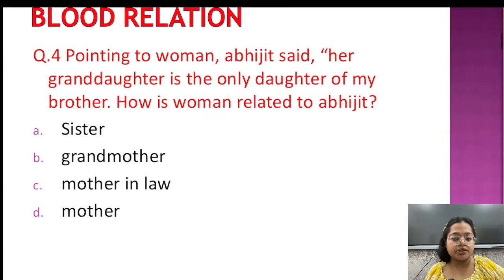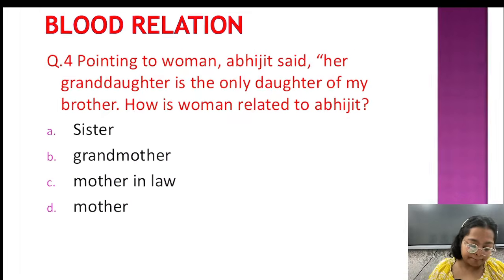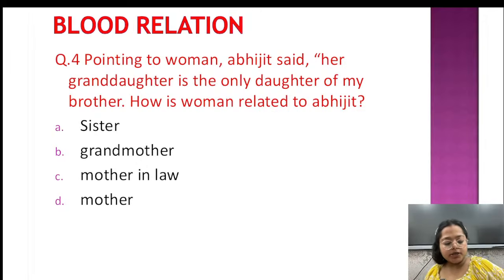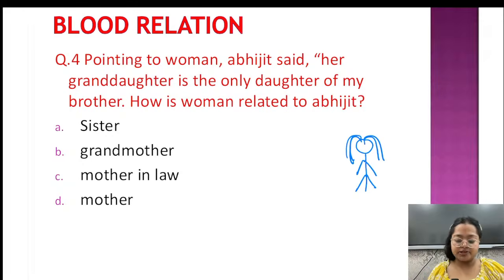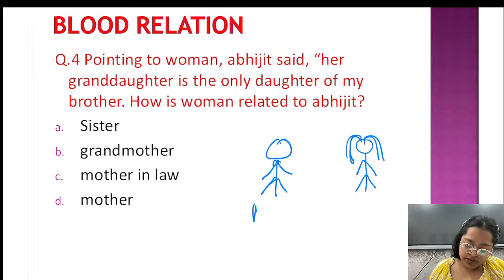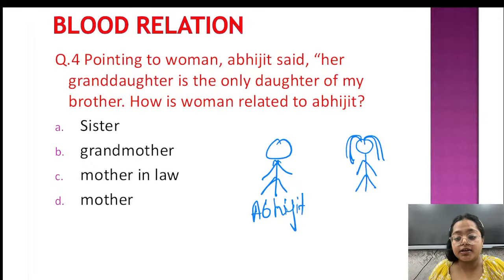Now this question involves a third person, okay, pointing to a woman. So first हम एक woman ही draw कर लेते हैं, प्यारी सी. So this is the woman. Now there is one person, Abhijit. I'll always draw like this so you have better clarity.